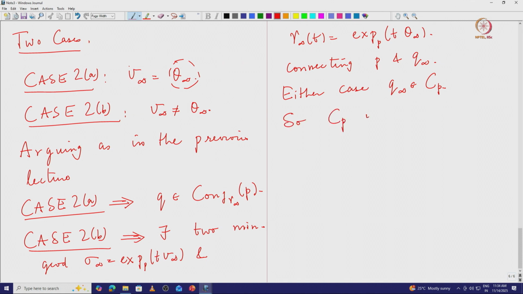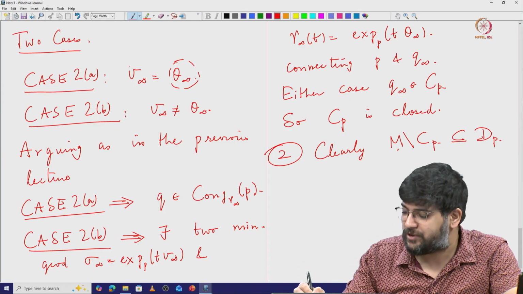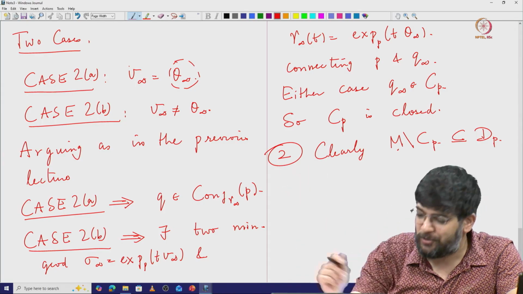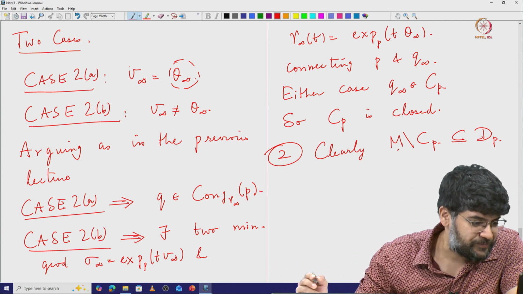So the cut locus is closed. Okay, what about the second part? For the second part, clearly the complement of the cut locus is obviously contained in this, because there is a unique minimal geodesic from p to any point in the complement, and hence that has to belong to this segment domain.